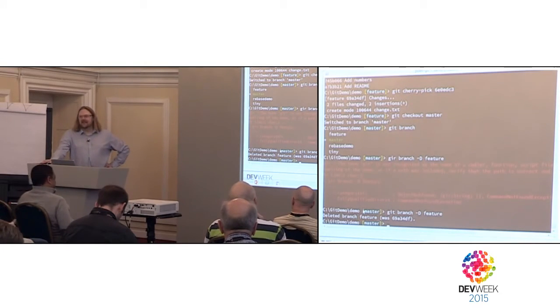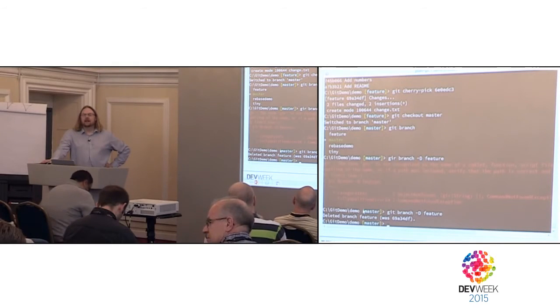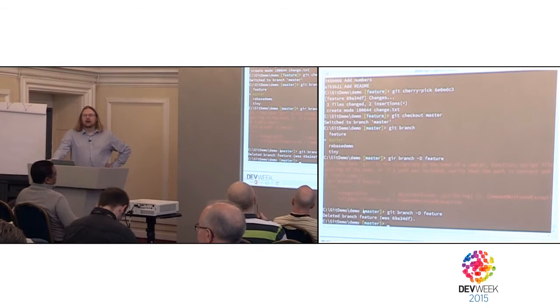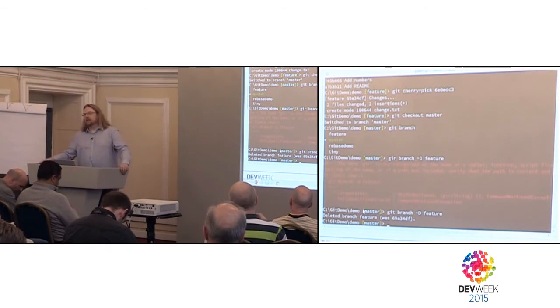Any other questions? If you have two branches, you change one, you want to change the other branch, can you merge that branch back into the master and then rebase this? You could rebase at any point. There's no reason why you have to rebase against master. Master is just a label. You could rebase against a specific commit if you wanted to.